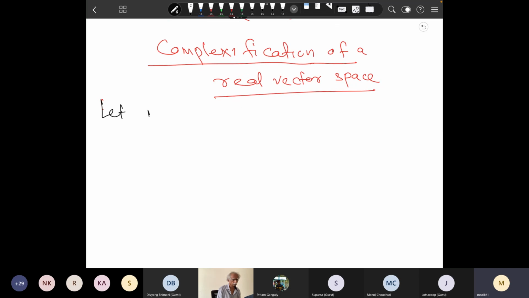So let W be a real vector space, that is, a vector space over R. I am not writing W_R because the notation will be cumbersome. Just remember that W is a real vector space.